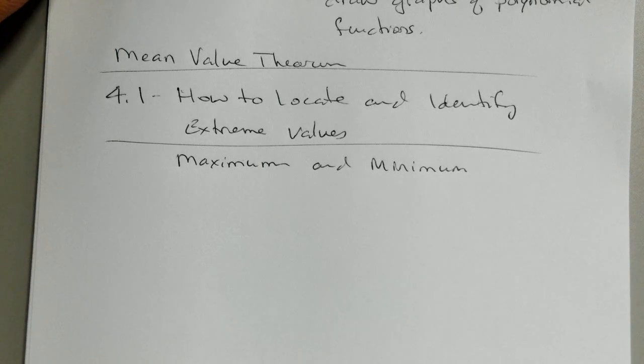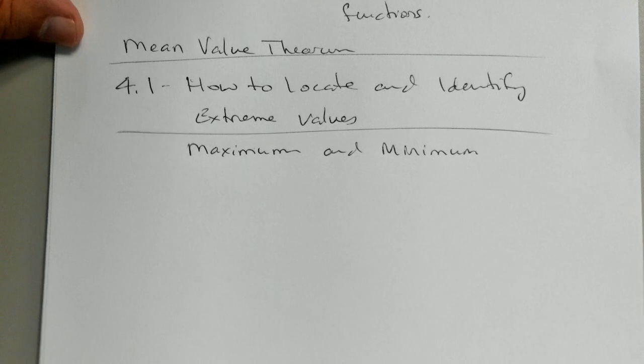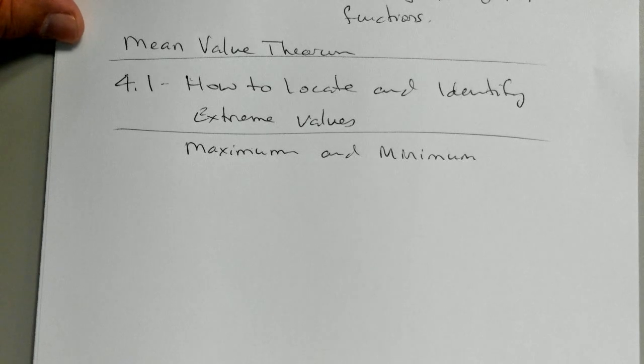From algebra, what do you think maximum and minimum refer to? Highest and lowest points, right? We have highest and lowest points. And there are two types we're going to talk about, local and global.